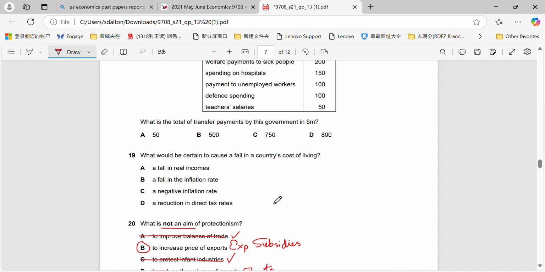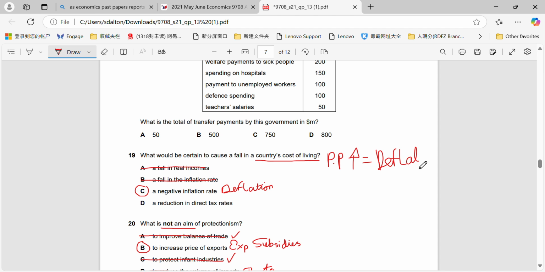What would be certain to cause a fall in a country's cost of living? Okay, a fall in real incomes, cost of living, not necessarily. Fall in the inflation rate, again, not necessarily. A deflation, which is a negative inflation rate, that definitely would, because remember the cost of living is associated with the purchasing power, right? So what we're looking for is the purchasing power to rise, and the only reason the purchasing power would rise would be if we have deflation.